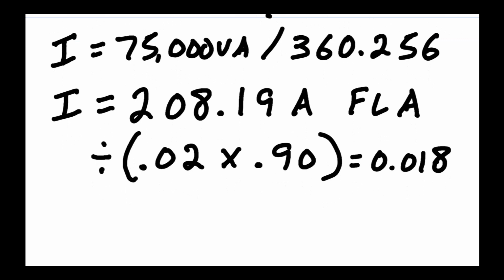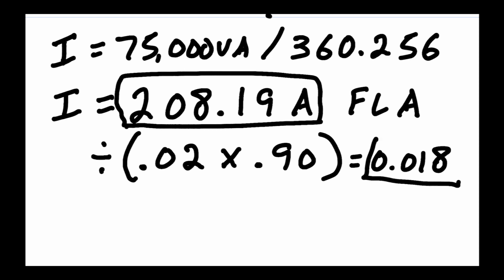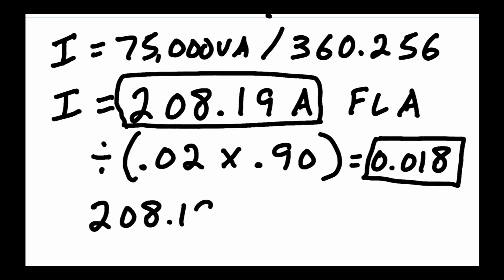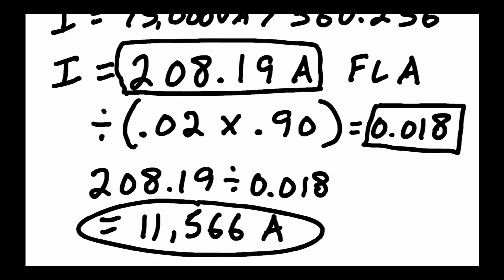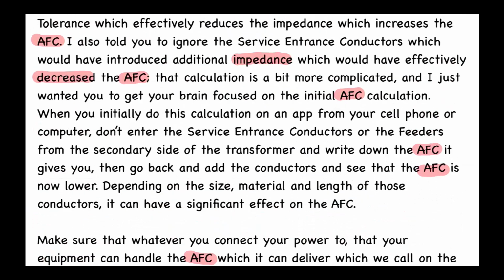So now, if I take the 208.19 and divide it by 0.018, I'll write this down over here. 208.19 divided by 0.018 is equal to 11,566 amps. And that's the same number that we got when we did our formula here.